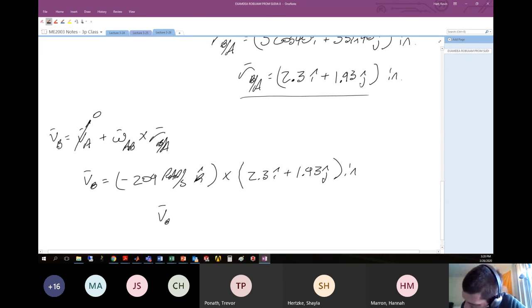Working this out, doing your cross products accurately, which you've done 100 times now in statics, dynamics, and mechanics of materials, your velocity at point B is going to be 403 i hat minus 480 j hat, in inches per second.